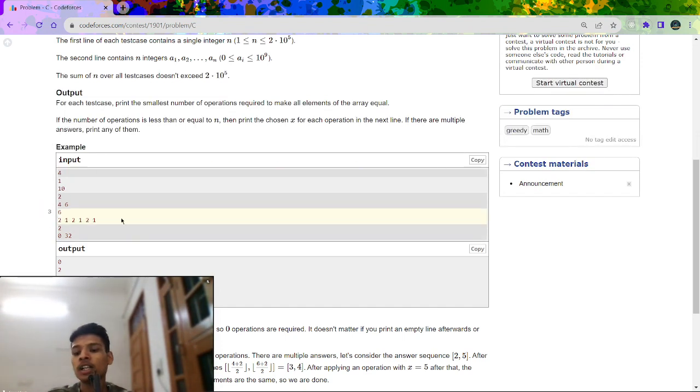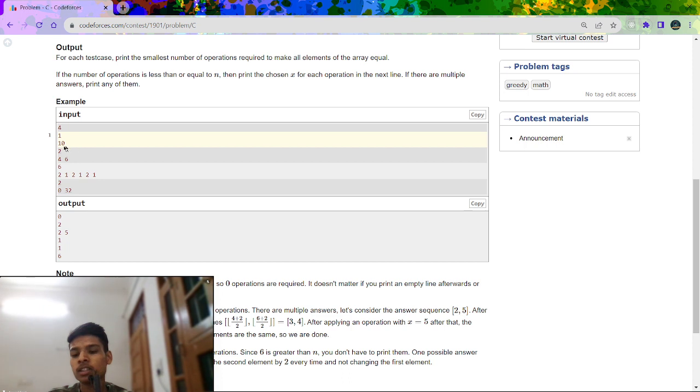Then after adding x to every number of the array, I will divide that number by 2. Then I have to tell how many times I can perform an operation on this array such that all the elements in the array become equal.